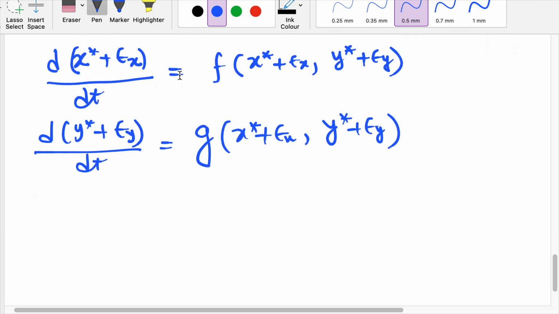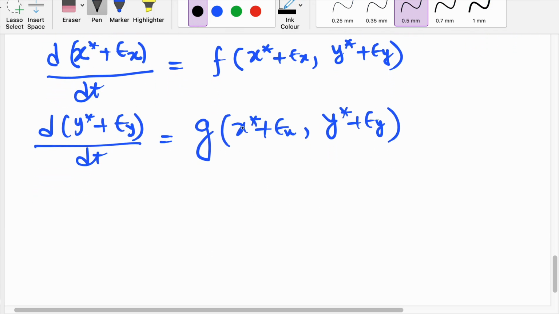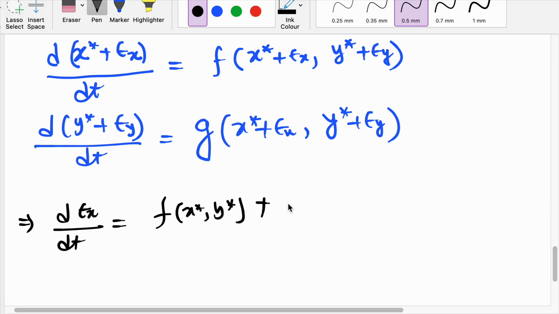Now again, if I expand these two linearly, I will get d epsilon x dt will be f of x star y star plus epsilon x dfdx, and I am ignoring the second order terms of epsilon x square and epsilon y square.